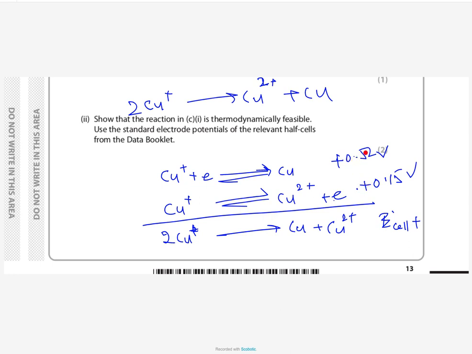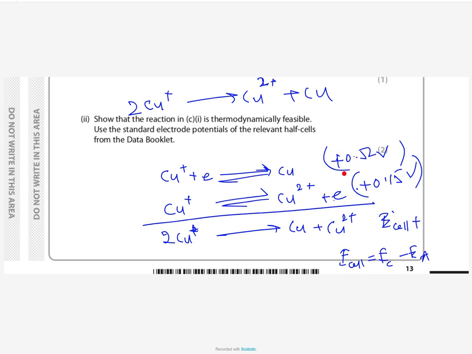If you reverse the sign and then add, you should not use E cathode minus E anode. Here, I have written reduction potentials, but I have written the equation as oxidation, so you also have a choice of changing the sign to minus. In that case, you can simply add the two values to get the E cell value. If not, if you substitute the reduction potential even though you have written the equation as oxidation, then you have to use E cell equals E cathode minus E anode.